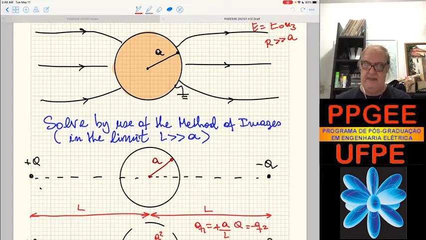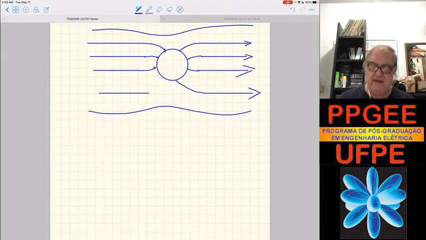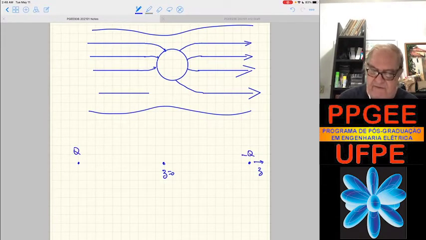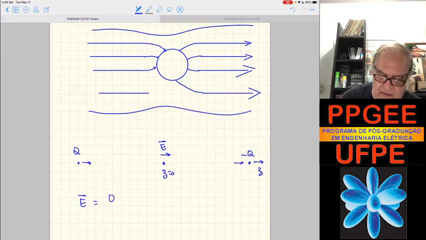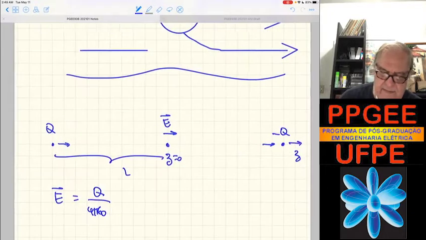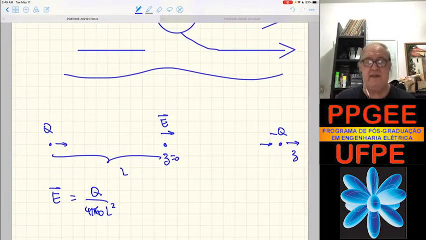So what happens? They are so far away that the field at the center of the sphere, the sphere being so small, at z equals 0, let's say this z-axis, this is minus q, this is q. The E field here is the sum of two E fields, one due to the positive charge and one due to the negative charge. So the field is going to be q over 4 pi epsilon 0 L squared, let's call this L, approximately in the AZ direction.